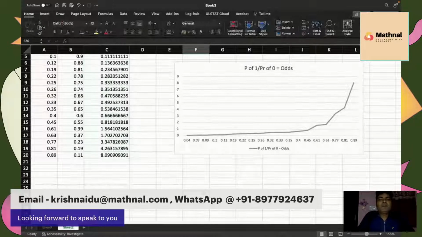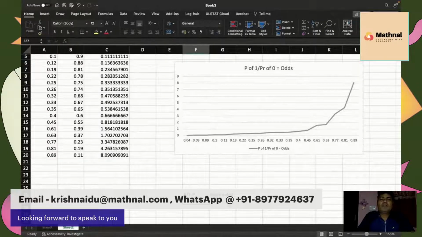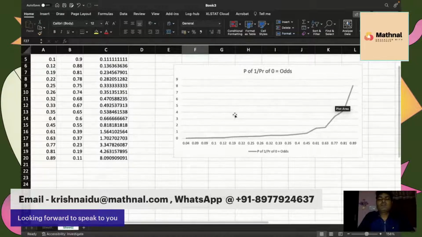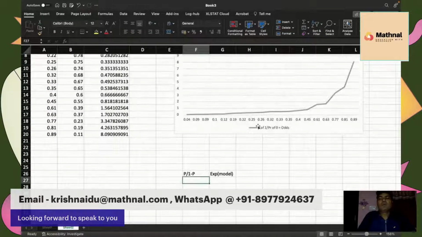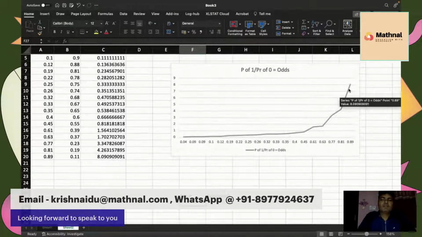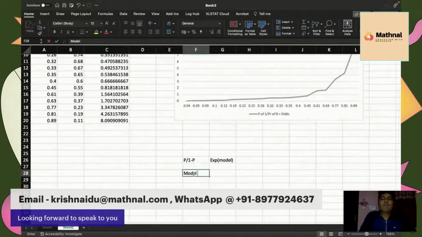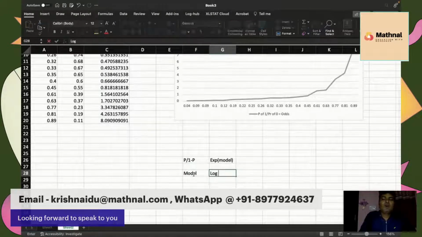P divided by 1 minus P is a function of, let's say, the model. This is an exponential distribution, because if you look at this chart, it is exponentially increasing. So what is the model then? The model is nothing but the log of P divided by 1 minus P.